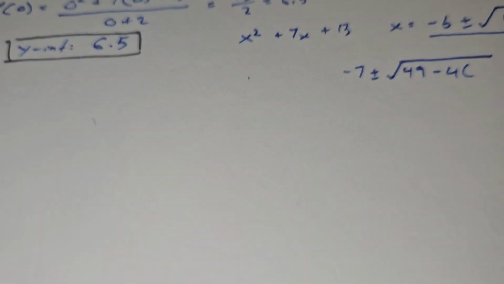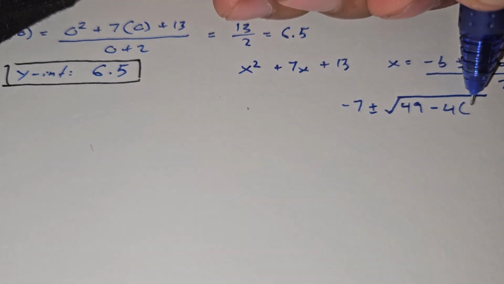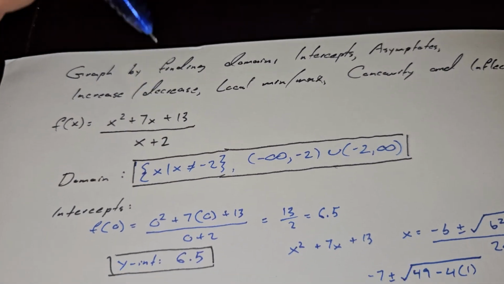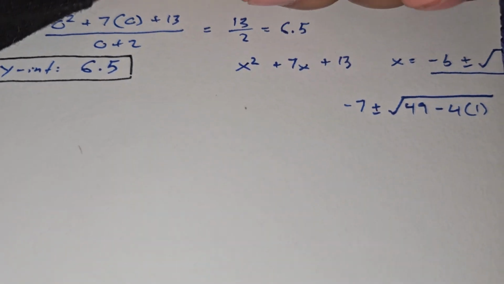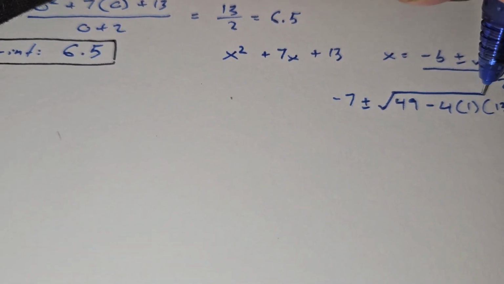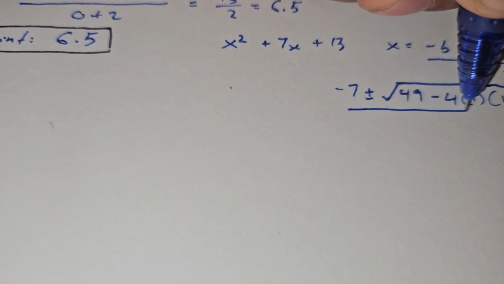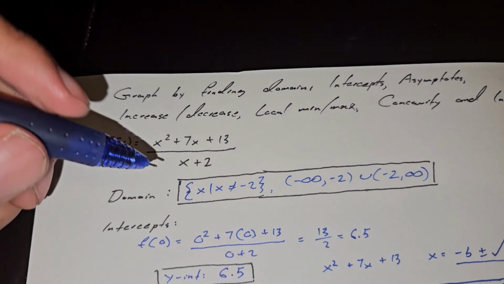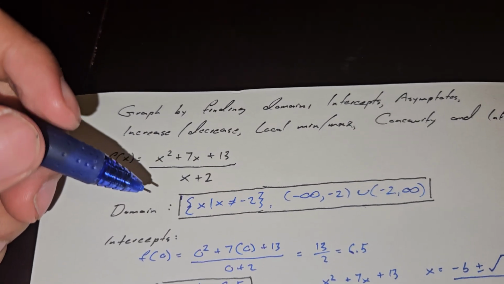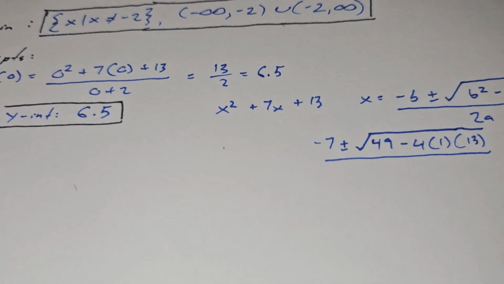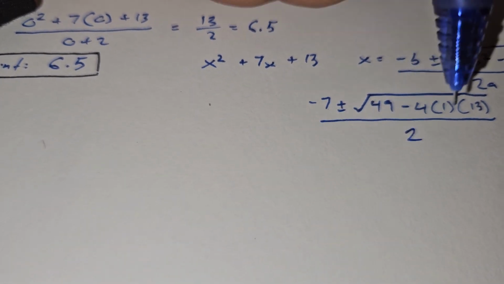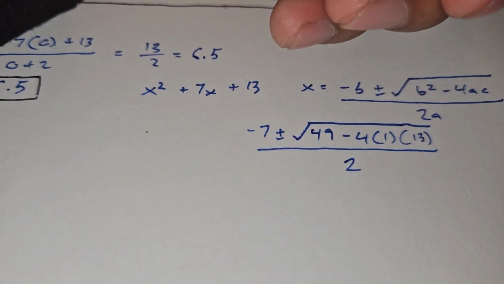What's a? A is 1. C is 13, all over 2a. 2a is 2. So let's go ahead and solve this.